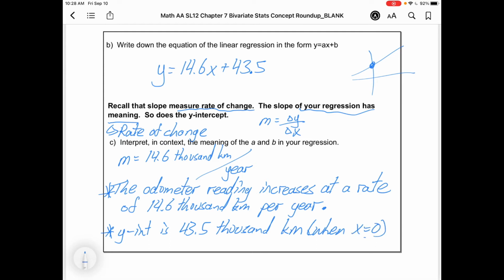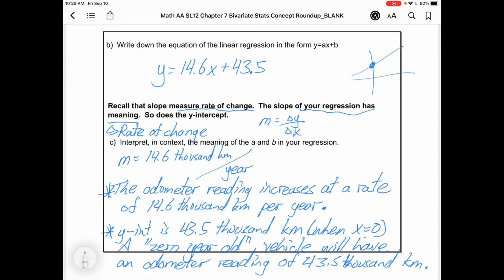So in other words, what it's saying is a 0-year-old vehicle will have an odometer reading of 43.5 thousand kilometers.